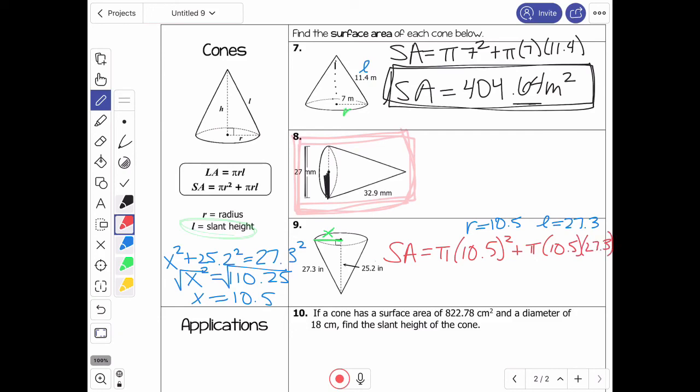Sorry, that got a little messy. And so the surface area turns out to be 1,246.9 inches squared for this one.